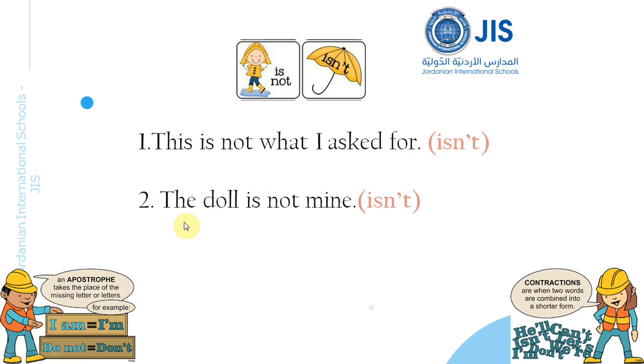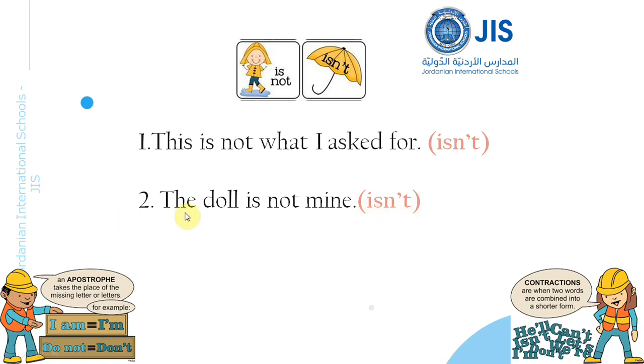Let's see sentence number 2. The doll is not mine. When I want to combine is with not, the first thing I have to do is remove the O and put an apostrophe instead, so it becomes isn't.